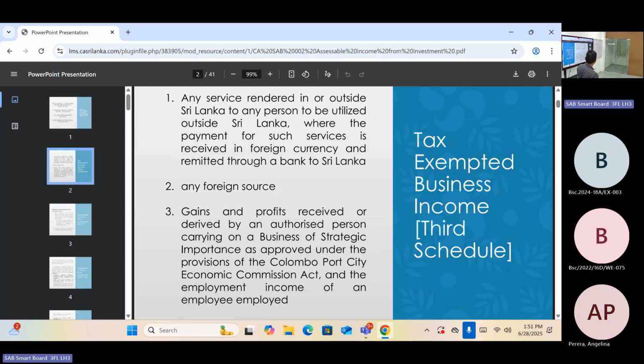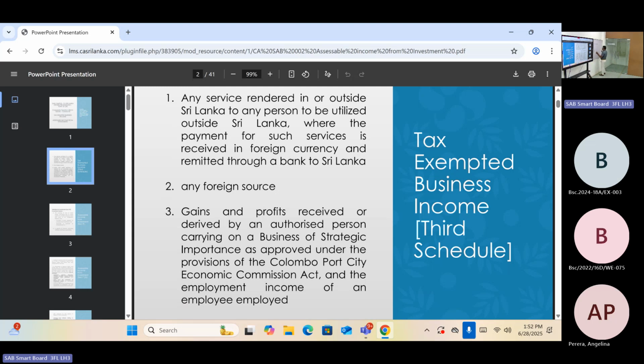Right? Thereafter it is the gain and profit received or derived by an authorized person carrying on the business of strategic importance as approved under the provisions of the Colombo Port City Commission Act, and the employment income of an employee. That is activities in Colombo Port City.